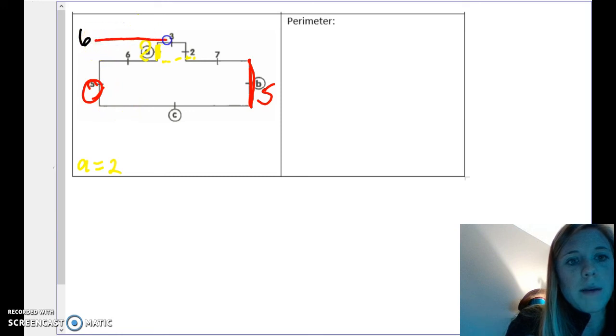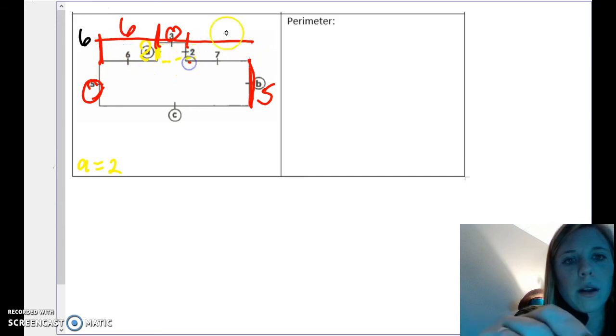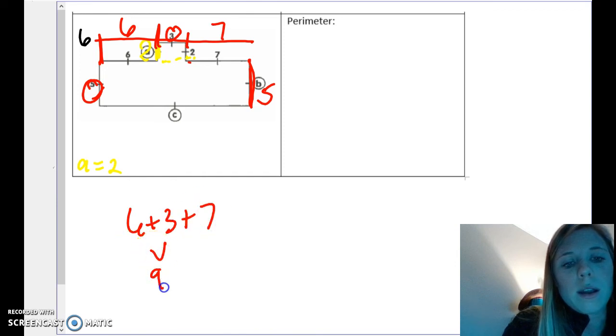Okay, C is kind of the same as up here. So I know this part's 3. From here to here it's 6, and from here to here it's 7. So if I add up 6, 3, and 7, I get 9 and then 16.